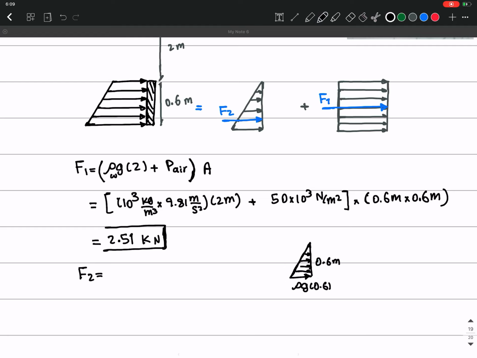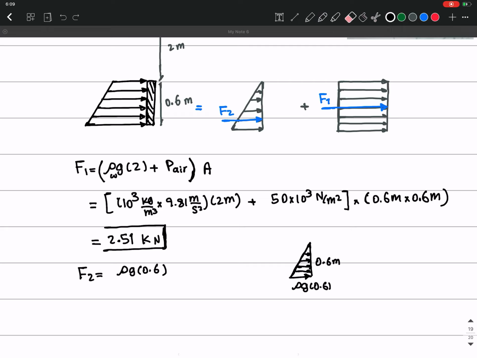So the force is gonna be, because this is a triangle, I have to calculate the area to get the sum of all these small pressure elements, right? So it's gonna be rho g 0.6 meter, and it's gonna be 1/2 of that, right?